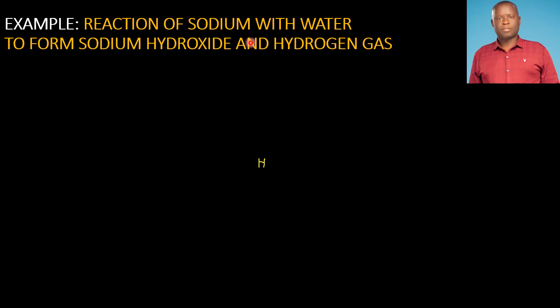Great. Let's look at an example just to explain this further. Suppose you are carrying out a chemical reaction in which sodium is reacting with water to form sodium hydroxide and hydrogen gas. When sodium metal reacts with water, the product is sodium hydroxide and hydrogen gas.